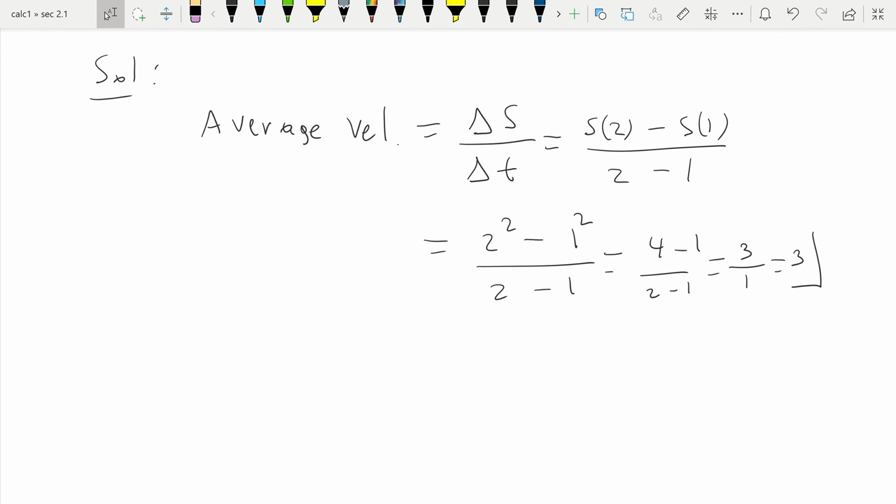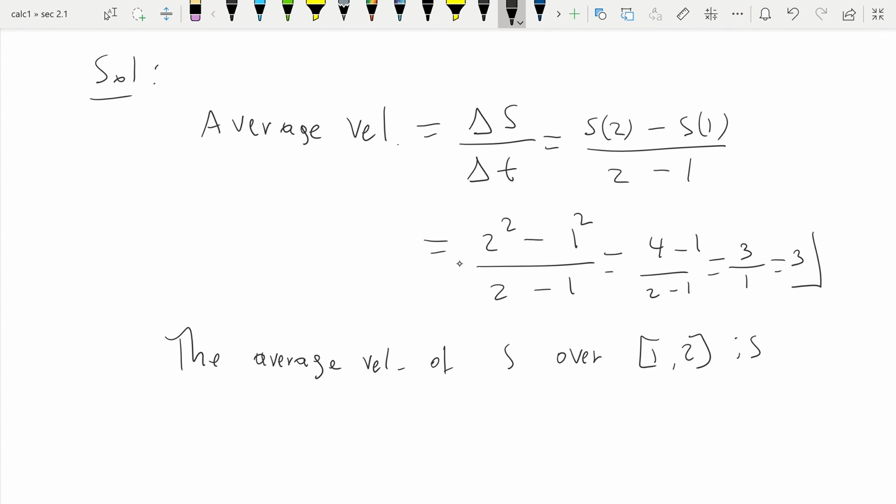Okay, so the conclusion is that the average velocity of s over the interval [1, 2] is 3.